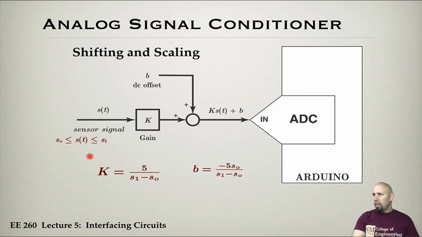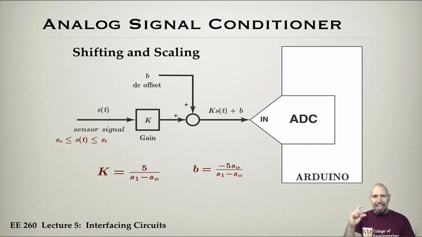Our sensor signal itself is in between two voltages, S0 and S1, and that's the range it comes in. For example, if we're talking about plus and minus 10 volts, S0 would be minus 10, S1 would be plus 10. So if you think about what's happening, let's suppose we're looking at the situation of plus and minus 10 volts, and we want to get that down to 0 to 5 volts.